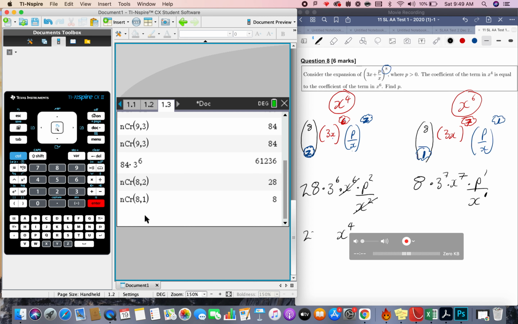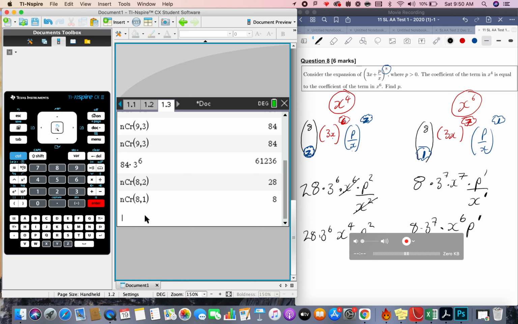This will be 28 times 3 to the 6, and this will be times p squared. And on the other side, this is 8 times 3 to the 7 times x to the 6, sorry, my bad, I just dropped my pen for a moment there, times p to the 1.